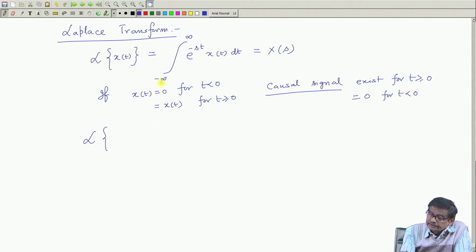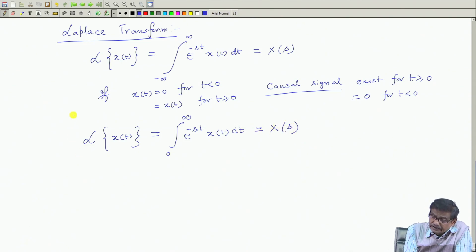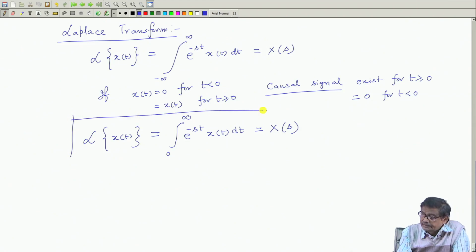If that be the case, then the integration, this is the general definition of Laplace transform, then this integral can be written as 0 to infinity only e to the power minus st x t dt, and we call it x s. Okay. So, in circuit problem we will be doing like this.